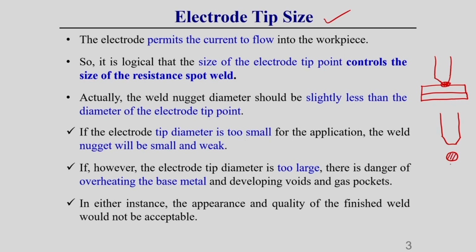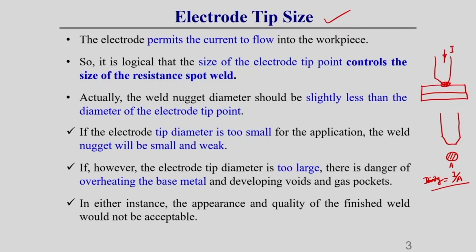We already observed that if the tip cross sectional area is A, and the current passing through this electrode is I, then the current density is represented as I by A. This is called the density of current. The higher the current density, the higher the chances of heating, correct.